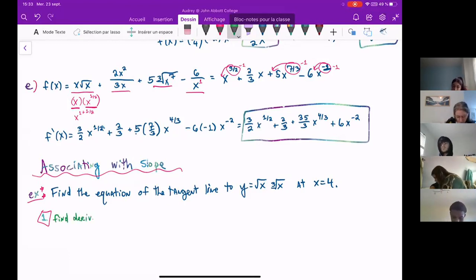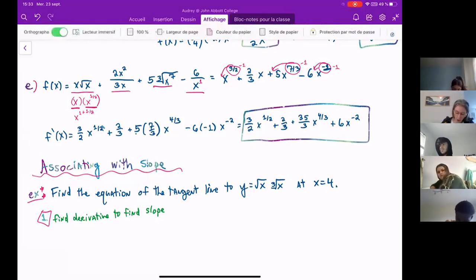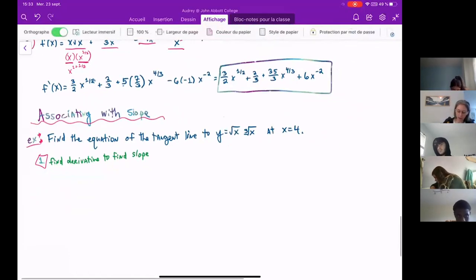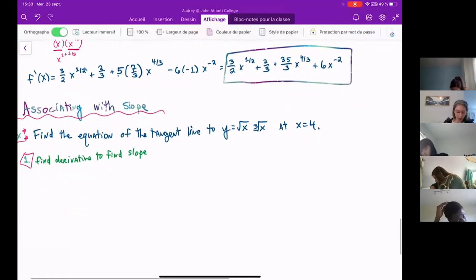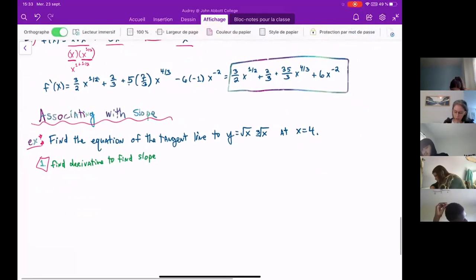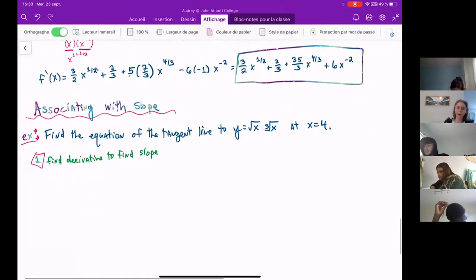Find derivative to find slope. And so up till now, in order to find the derivative, you guys had to use that limit definition of the derivative. But now I have this new way of doing it where I can just use the power rule. I can use those rules that I saw today. So Mikael said the first thing we're going to have to do is simplify, and we don't have to use the limit definition anymore.